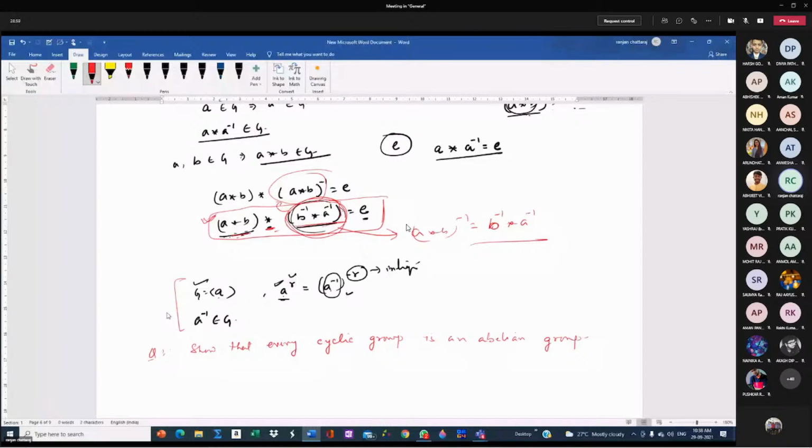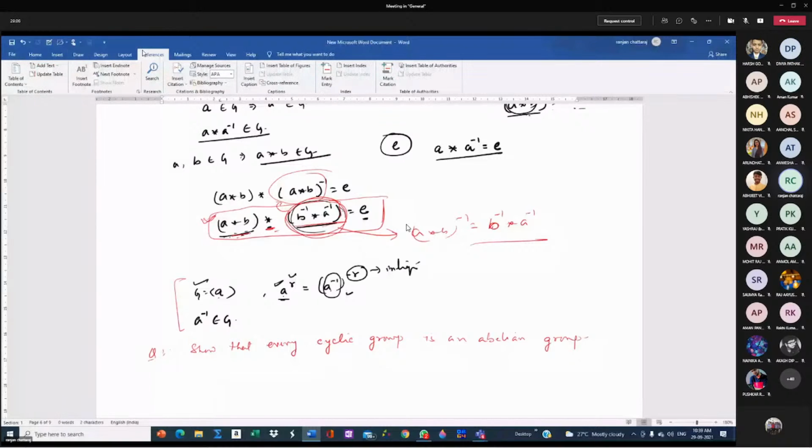How? Sir, if in a group each element is the inverse of itself, then it is a cyclic group. How do you prove this one?